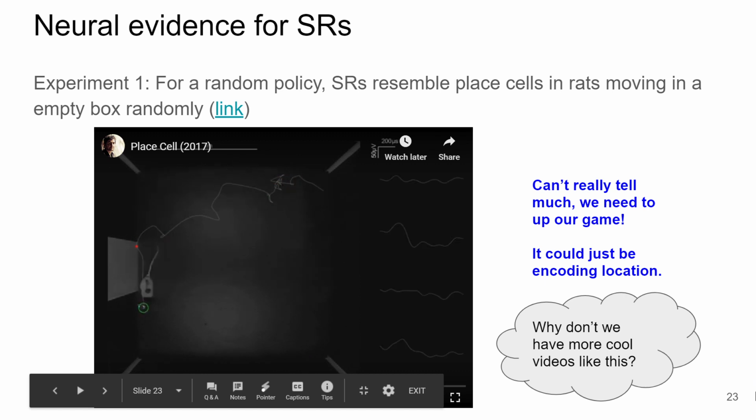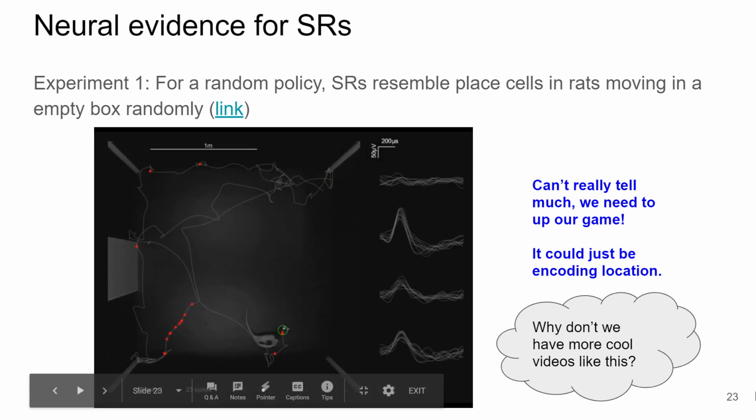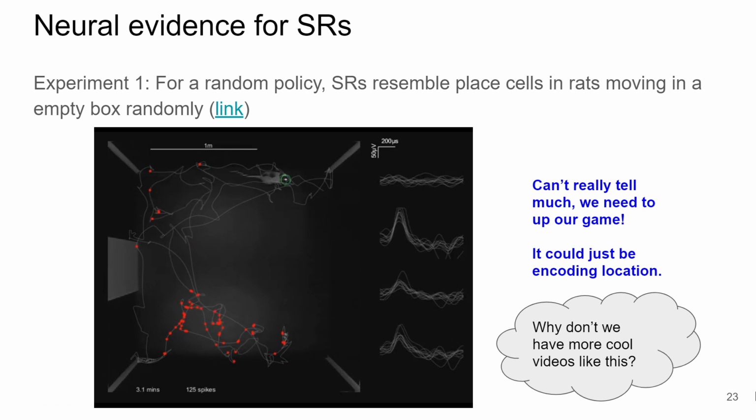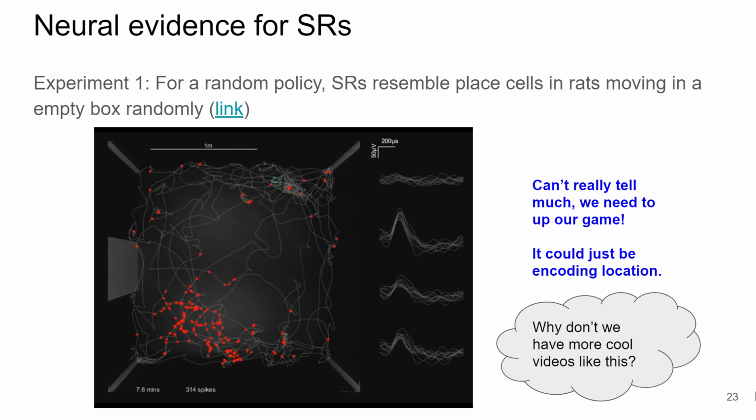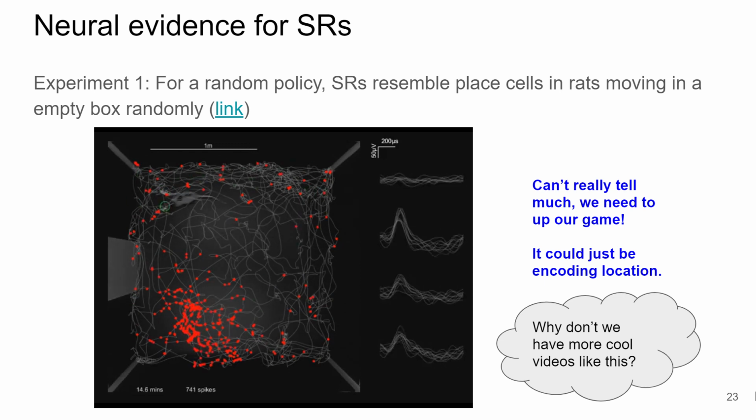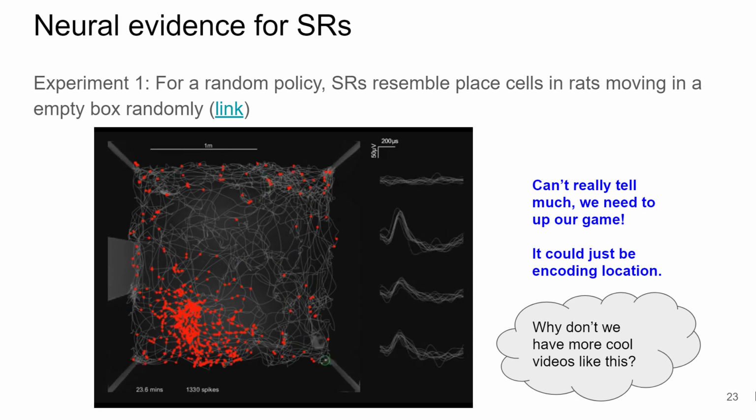So the rat is moving around the environment. The dots you see are the recording from a place cell. Each dot represents its firing. The rat is moving around with a random policy right now. It doesn't have a reward anywhere, so it's just exploring.